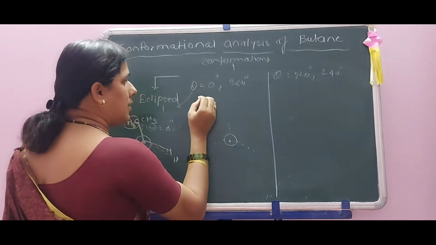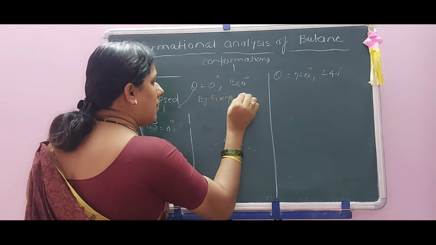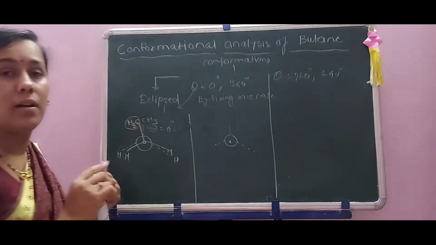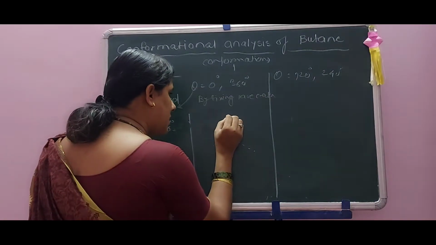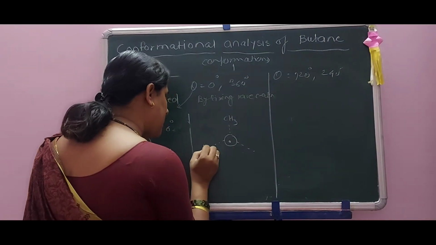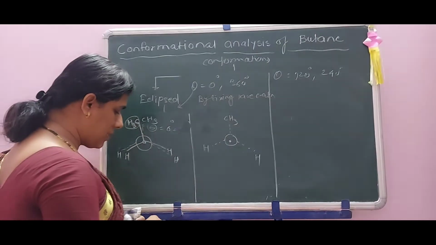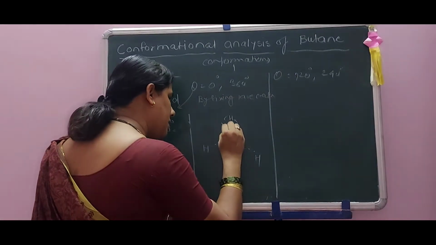Now by fixing the rear carbon atom, we can only rotate the front carbon atom. This is CH3, this is H, and this is also H. Now the angle is 360 degrees here.